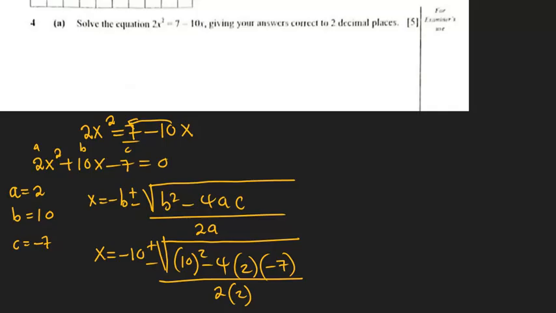Now this is what I encourage you to do. Here you go, negative B plus or minus. Get your calculator. Whatever is inside, punch it on at the same time.